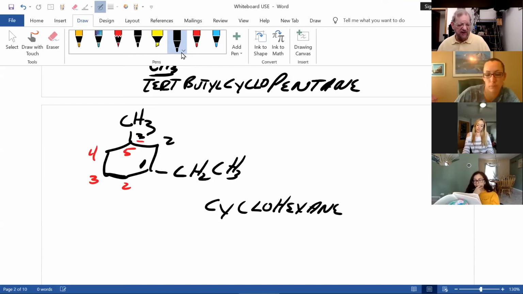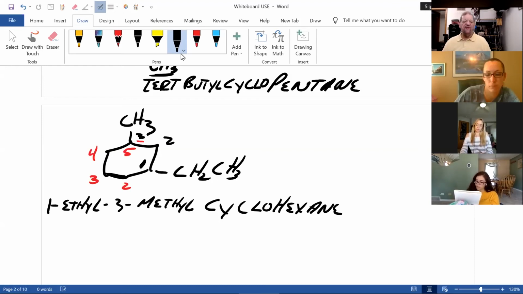Therefore, this would be 1-ethyl, 3-methyl, cyclohexane. This is the correct IUPAC rule name right here.